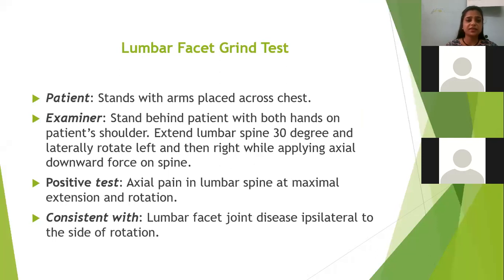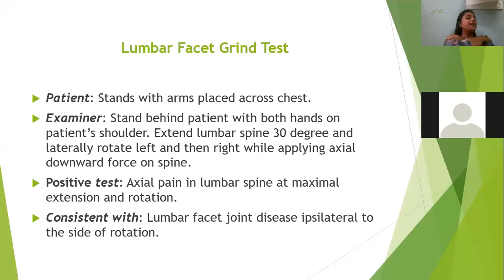Then comes the other test, the lumbar facet grind test. In this, the patient stands with arms crossed across the chest. The therapist will stand behind the patient, extend the lumbar spine to 30 degrees and rotate laterally, right or left, and give direct pressure, an axial downward force, on the spine.